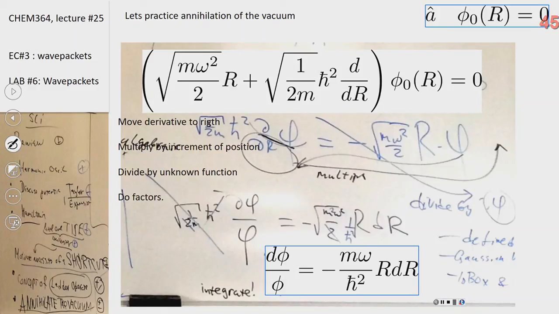So then it converts to this shape. Do you have an idea how to solve such an equation? You do. So you can integrate this one, which will give which function? Natural log, right? So one over function in an integral gives logarithm. And the integral of a linear function gives power 2, right?